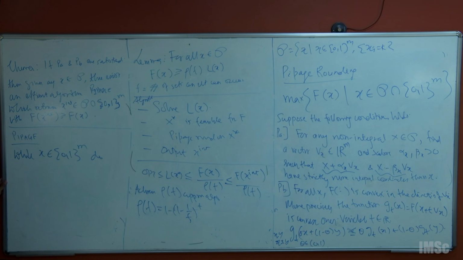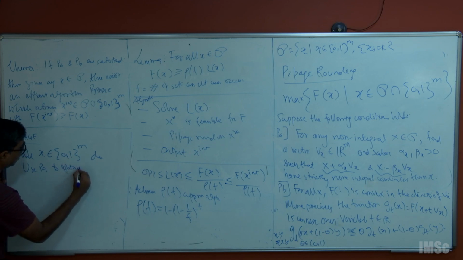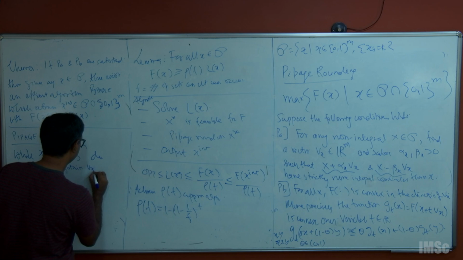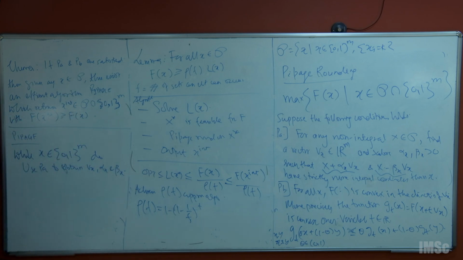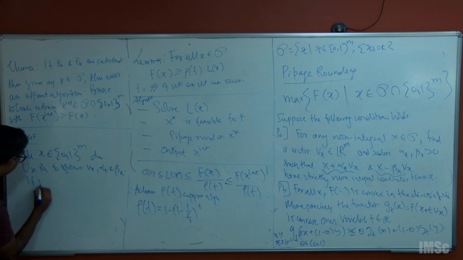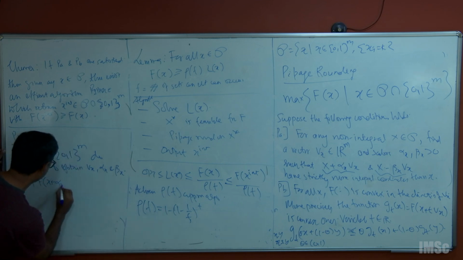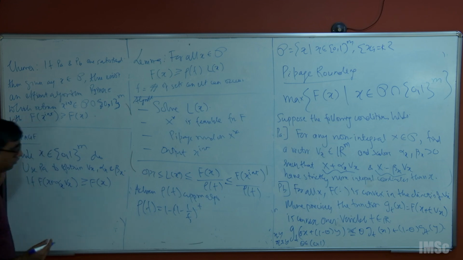I will first use PA to obtain Vx, alpha x and beta x. Three things I do. If f of x plus alpha x Vx is greater than or equal to f of x, what will I do?